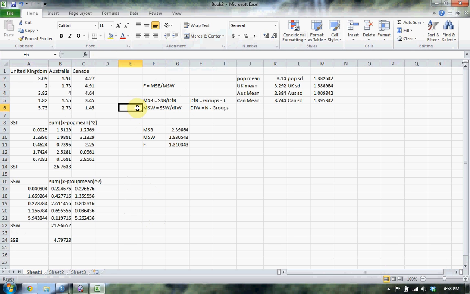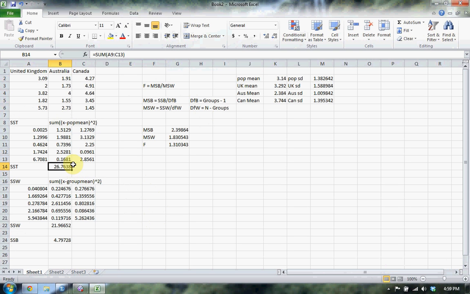And the mean square within groups is the sum of squares within groups divided by the degrees of freedom within groups. To start off, I calculated the total sum of squares for the entire data set, and that's just each instance minus the population mean squared, and then the sum of that. You'll see that the sum of squares total equals just a little bit over 26.